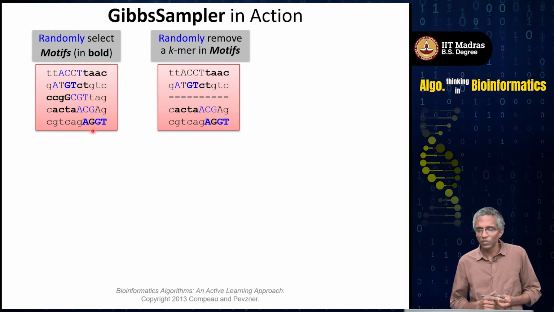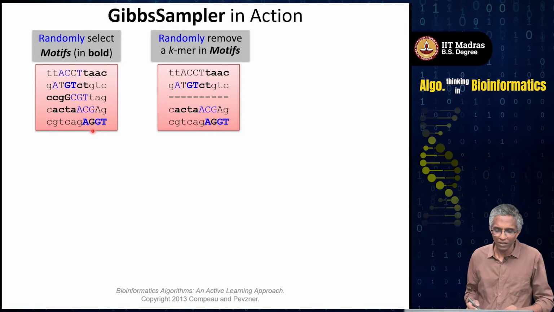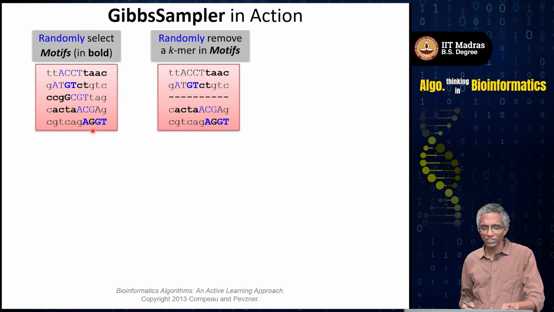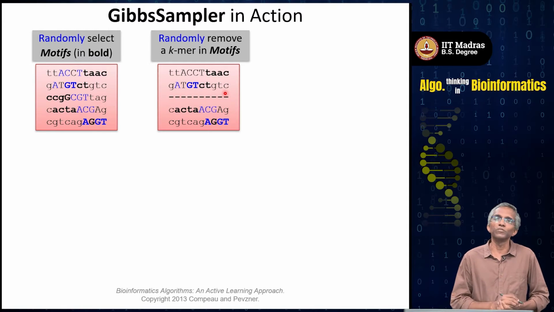The way that Gibbs sampler works is it uses randomness in multiple places. It is not just in the initial set of motifs that it randomly selects, that is the same as randomized motif search, but it also randomly picks one of these 5 sequences. So, in this particular case, it has tossed a coin or a dice that has 5 sides, and 3 comes up, so the third sequence is being blanked out.